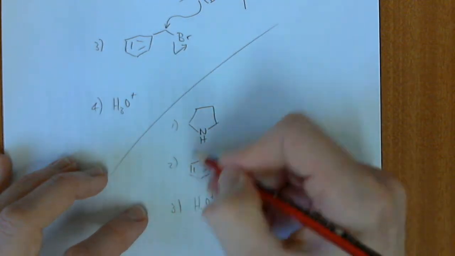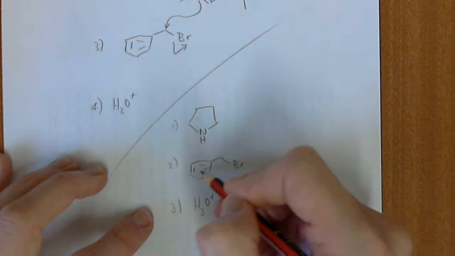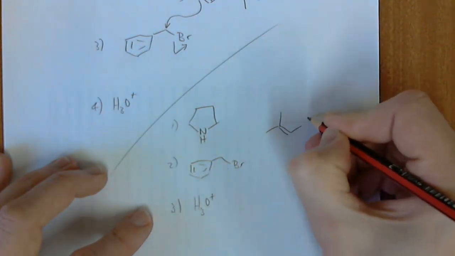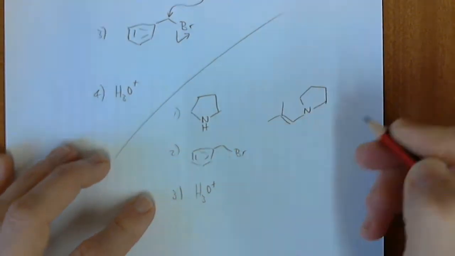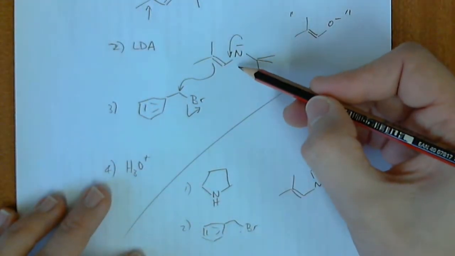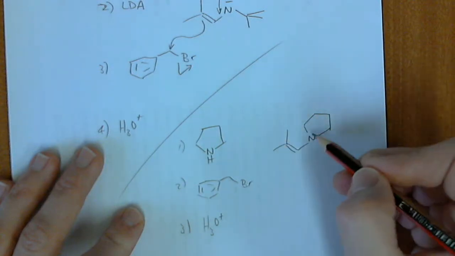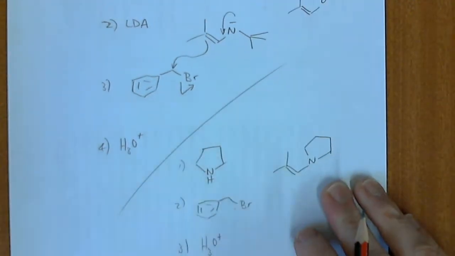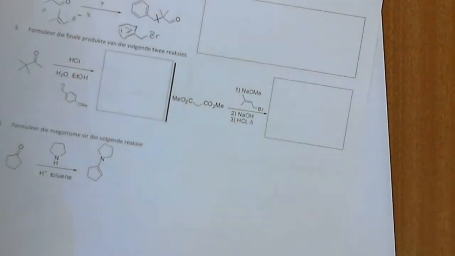Enamines are not as reactive. So what we're going to react with that would have looked like this. But remember that the enamine is not as reactive as the aza enolate. However, this is a very reactive electrophile, so in this case, it probably would have worked. It's a bit sterically hindered, but that's beside the point. Okay, so that was that answer there.